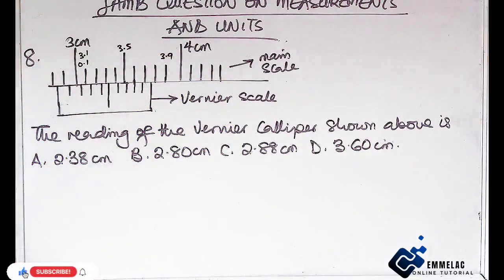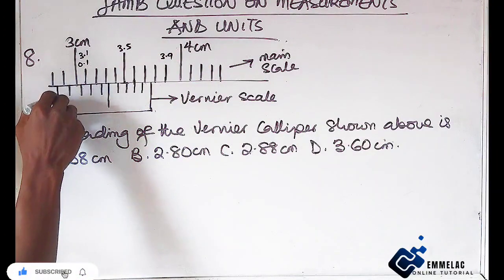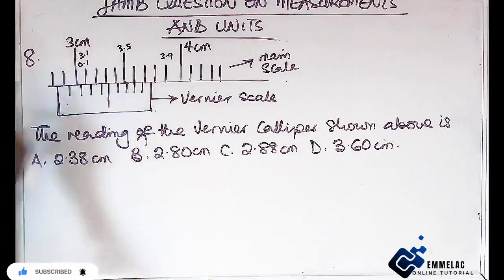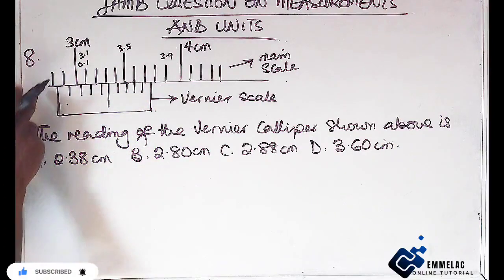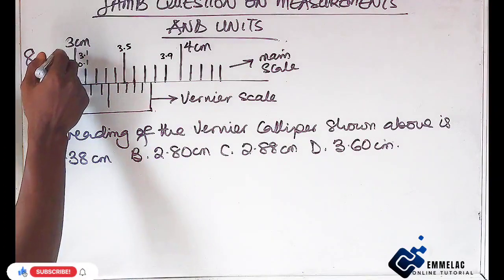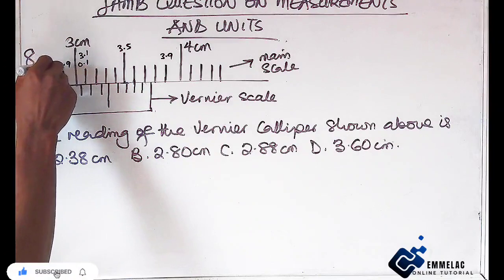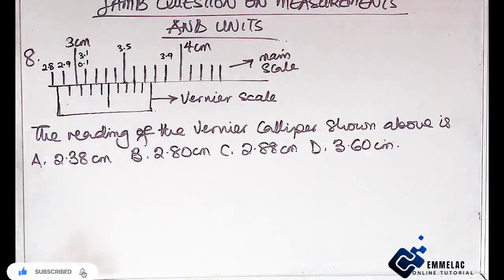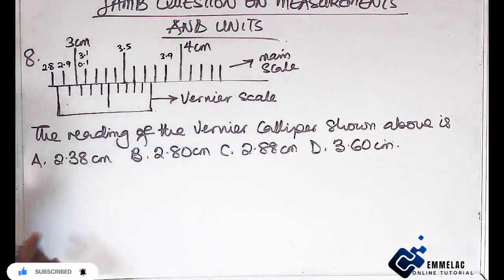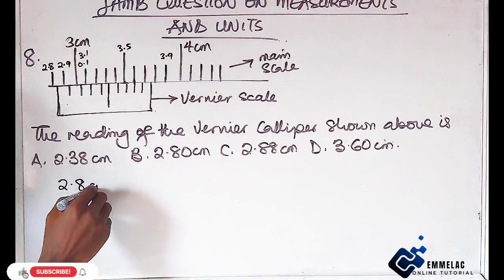But this vernier scale here starts before 3. So let us ascertain the value before 3 here. Here you have 3, so automatically here will now be 2.9 and 2.8, right? Because you have to add the main scale and the vernier scale, for the main scale you have 2.8 centimeter.